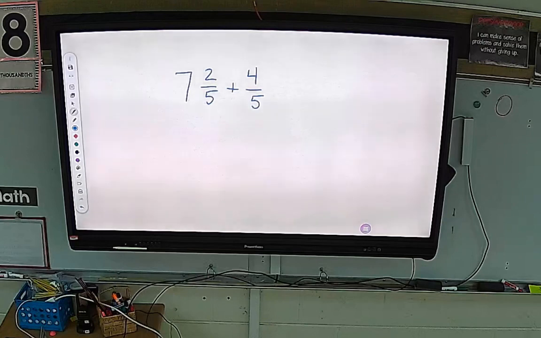Okay. This isn't that. This isn't that. So we're not going to change this to an improper fraction. I'm going to add that to it. Not very easily. Right, we need to do it the other way.